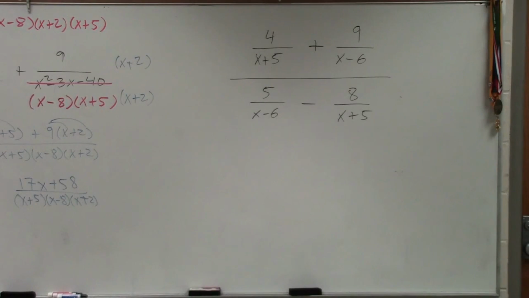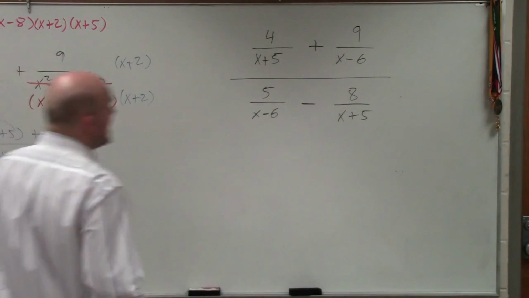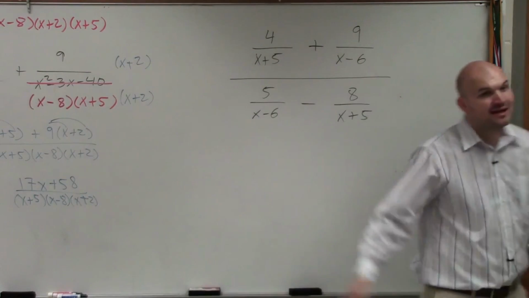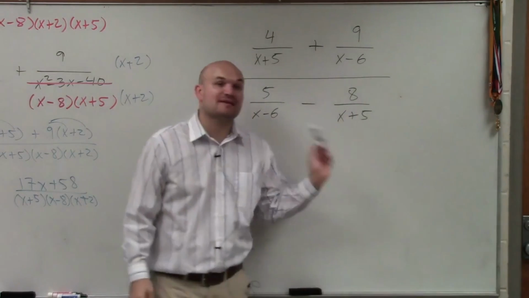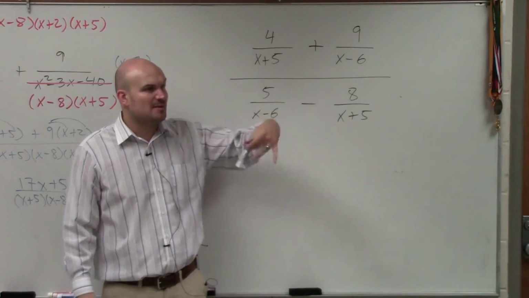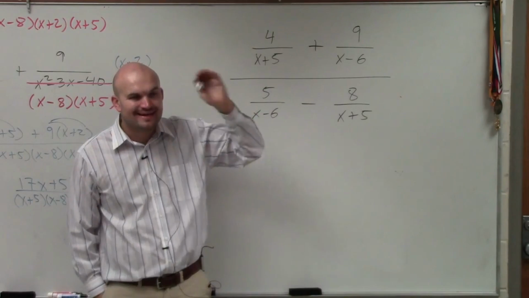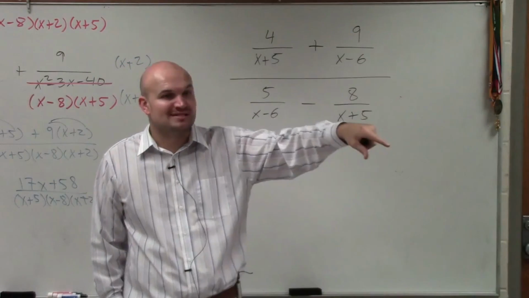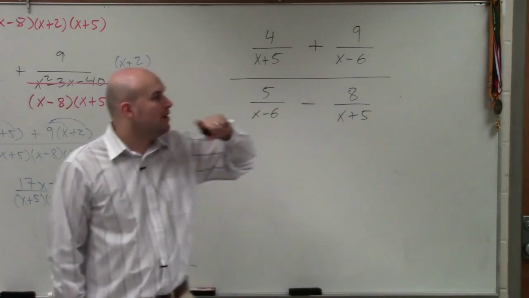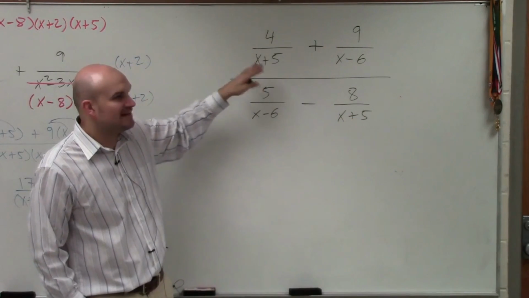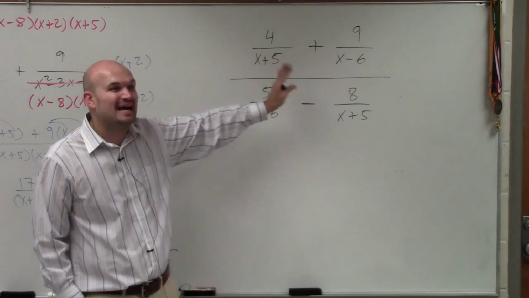In this one, we have fractions in the numerator and fractions in the denominator. This is, again, another example of a complex fraction. If you remember from your last focus lesson, two class periods ago, what we did to get rid of complex fractions was multiply by the LCD.